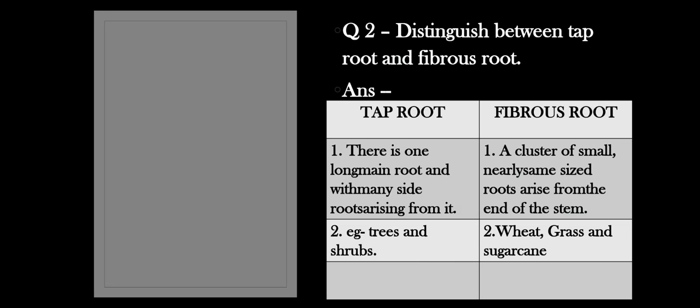So taproots are one long main root with many side roots arising from it, and fibrous roots are a cluster of small, nearly same-sized roots arising from the end of the stem. Examples of taproots are trees and shrubs, and examples of fibrous roots are wheat, grass, and sugar cane.